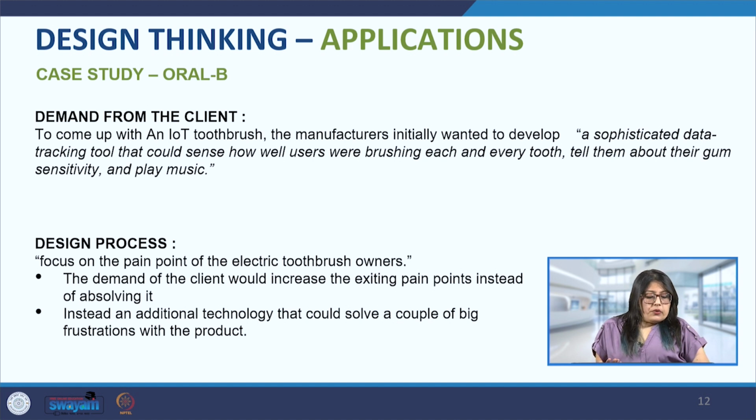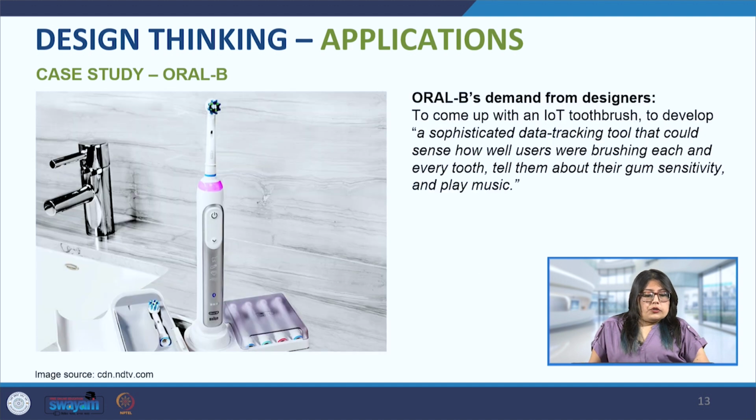And they also came up with the insight that instead of additional technology, a couple of big frustrations with the product should probably be tackled before anything else. So you can see the image of the Oral-B toothbrush here, and the demand which was there from the client.